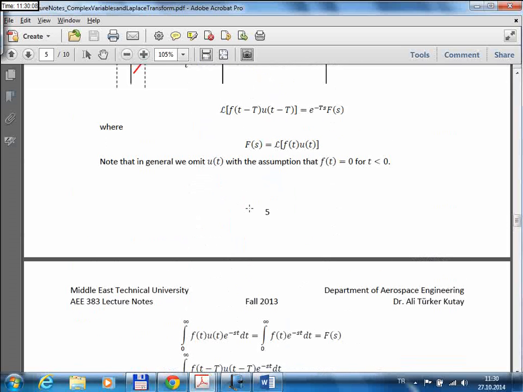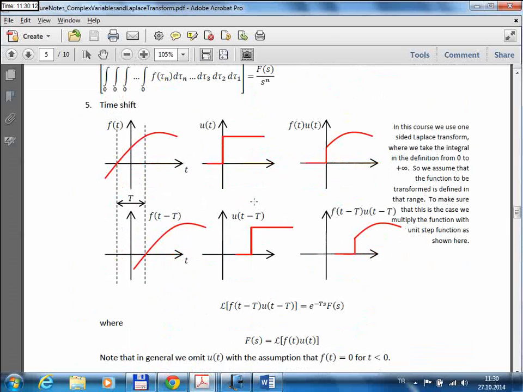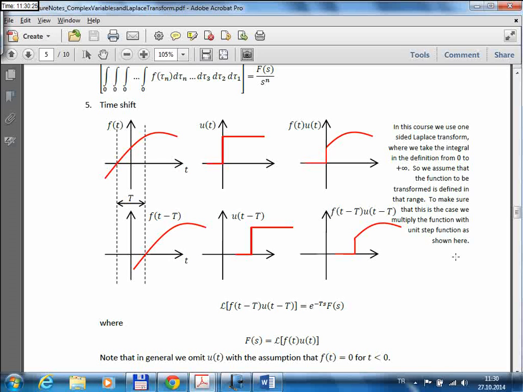In the end, we conclude that if we have a function f of t times u of t, for which the transformation is capital F, then the transformation of the shifted function is given by this relation.